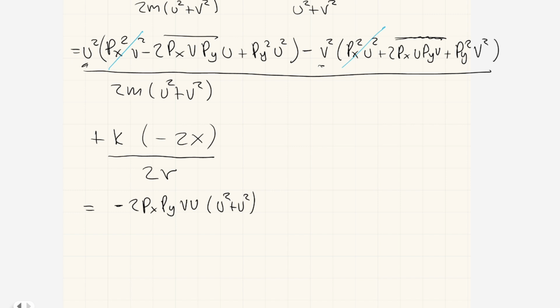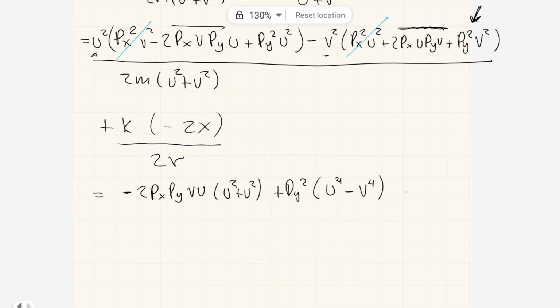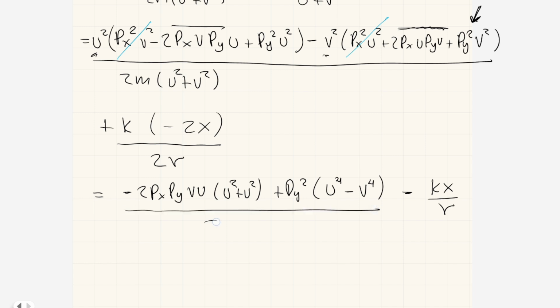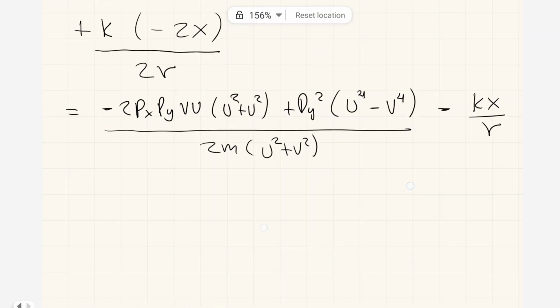Then we will get plus py squared that multiplies u to the fourth, actually minus, right? Minus b to the fourth. Yeah, we take this as a common factor, the py squared. And then minus kx divided by r, and all this is divided by 2m (u squared plus b squared).